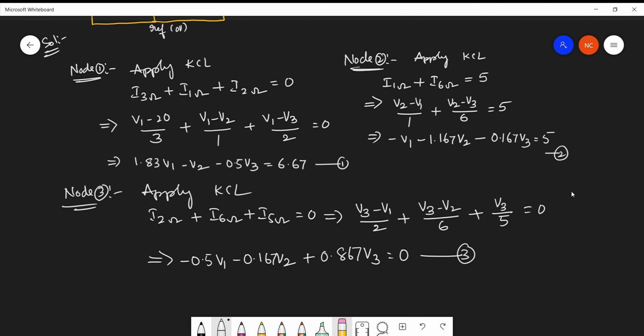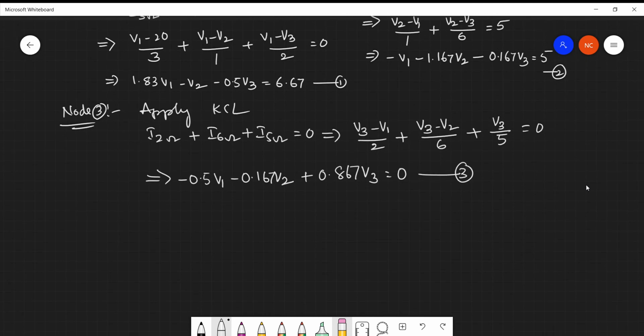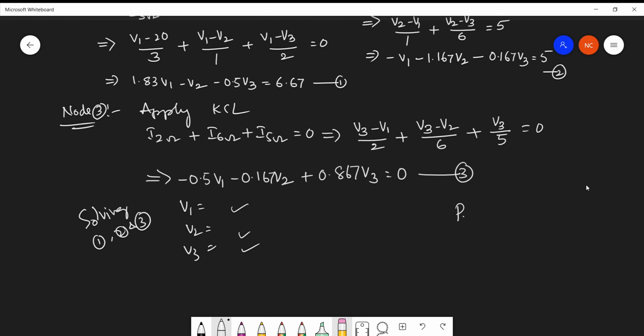Now, if we solve these three equations, we get the values for V1, V2 and V3. Once we have the values, we can find the power dissipation through the 6 ohm resistor.